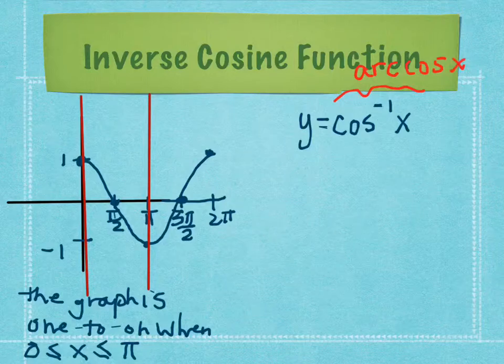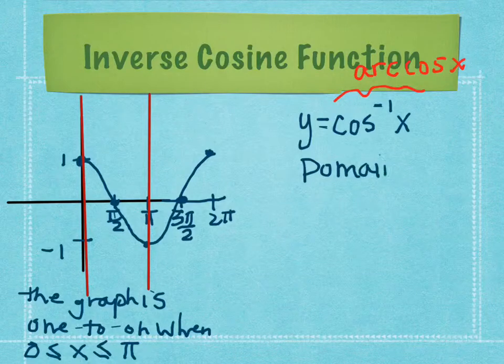And I want us to identify the domain and range. So let's do the domain actually first. If I want the domain for inverse cosine, that's the equivalent thing to asking what is the range for cosine. Between my red lines, what is my range? -1 to 1.